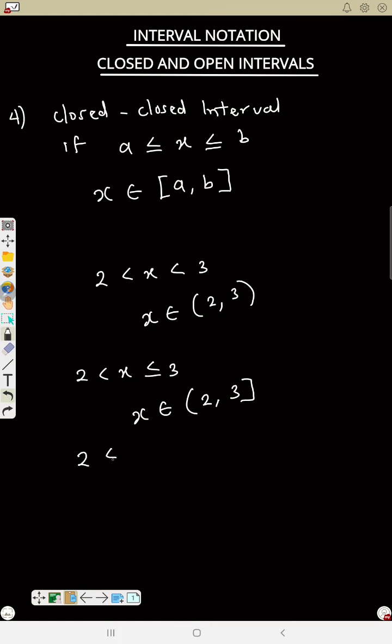Then I also say closed open interval. So let's say 2 is less than or equal to s and s is less than 3. So s is a member of [2, 3), because it's closed I'm using this, then 3 with this. Also the closed interval: 2 is less than or equal to s and s is less than or equal to 3.